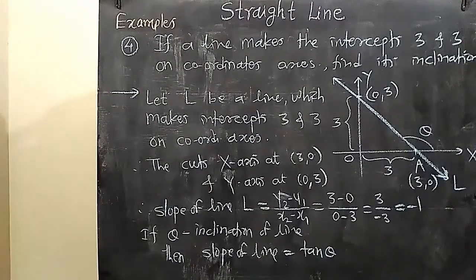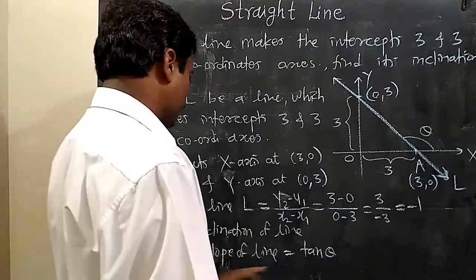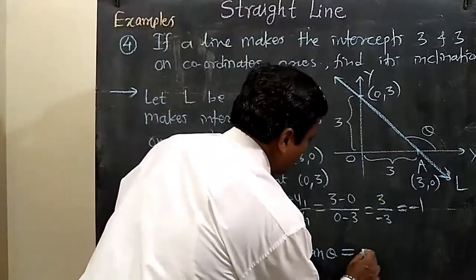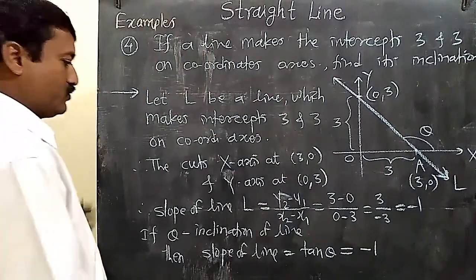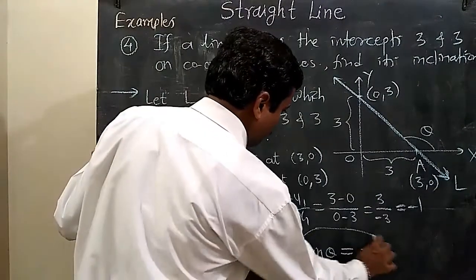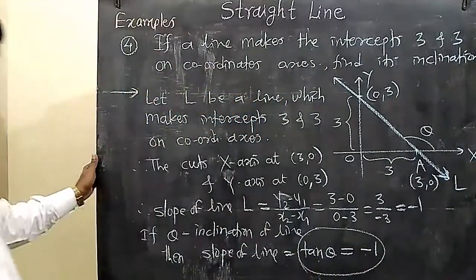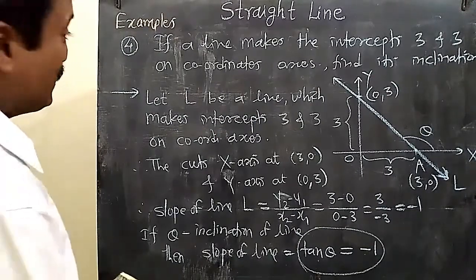So here we have slope of the line is equal to minus 1 and slope of the line is equal to tan theta. So tan theta is equal to minus 1, and from this equation, if tan theta is equal to minus 1, then theta is equal to 135.